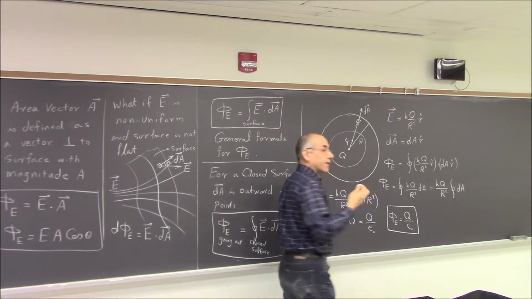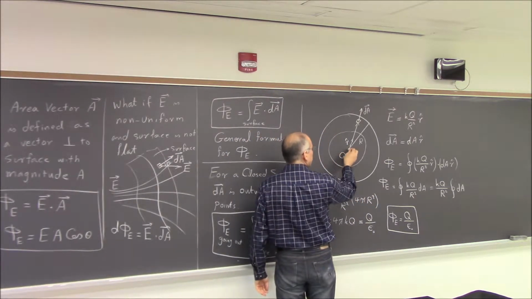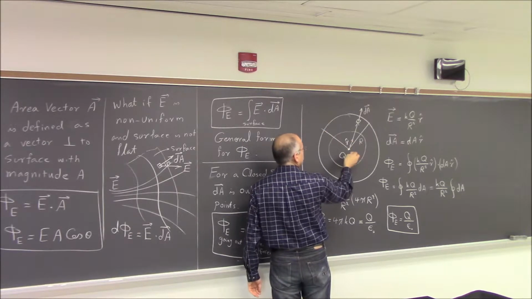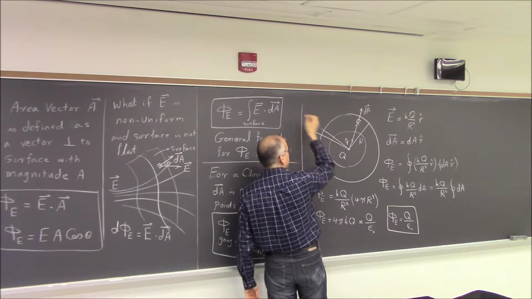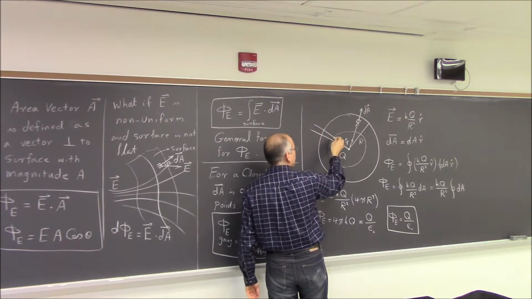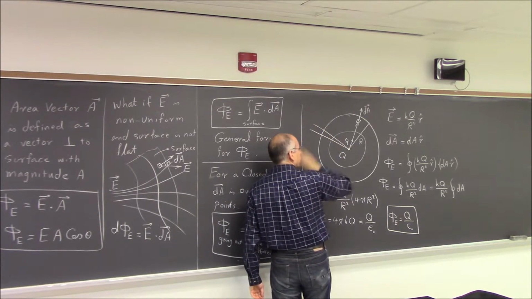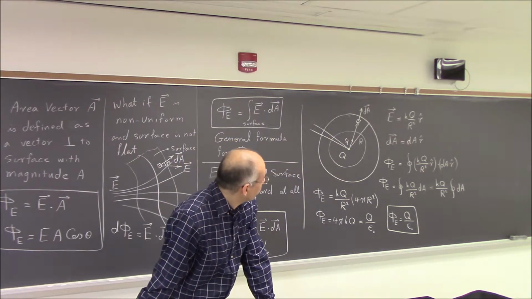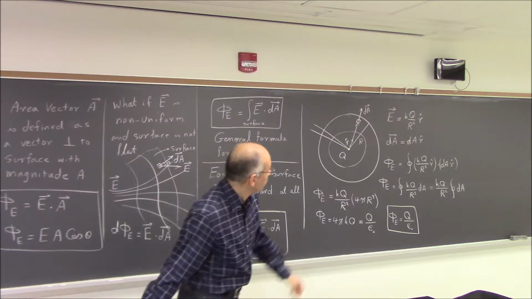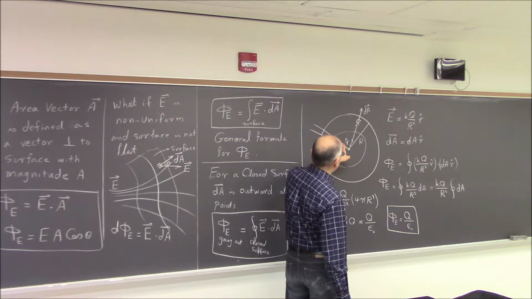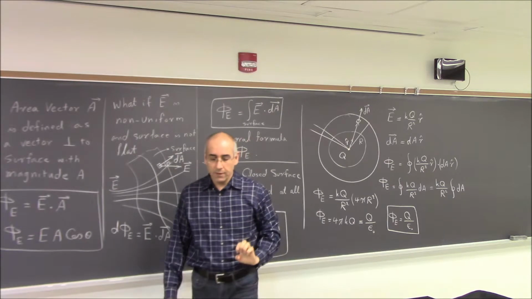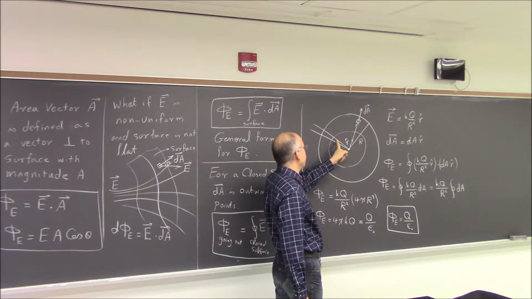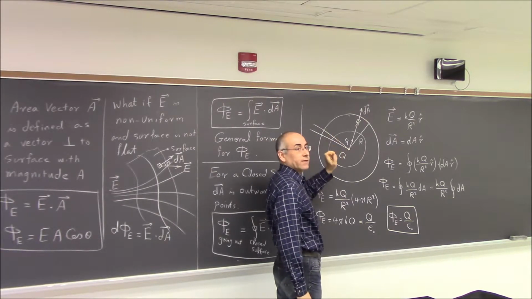And another way to look at this is that if you make a small cone with the tip of the cone at this charge, a very narrow cone with a very small solid angle, the flux going through this and the flux going through this is the same.